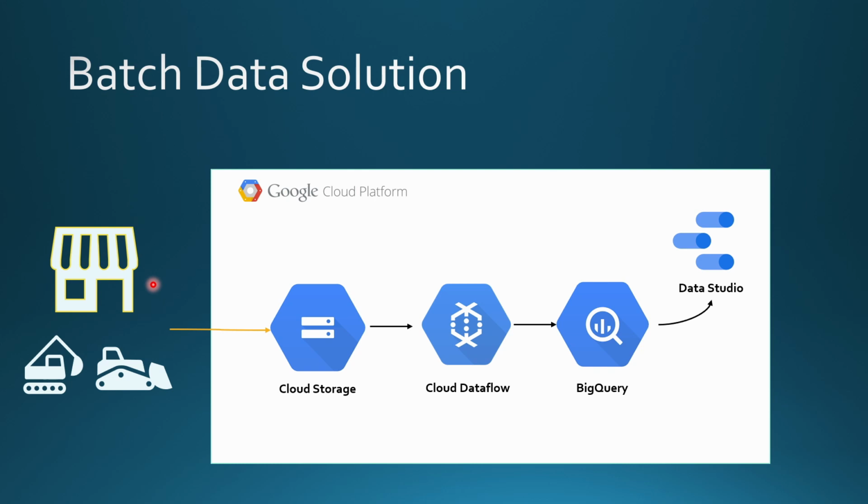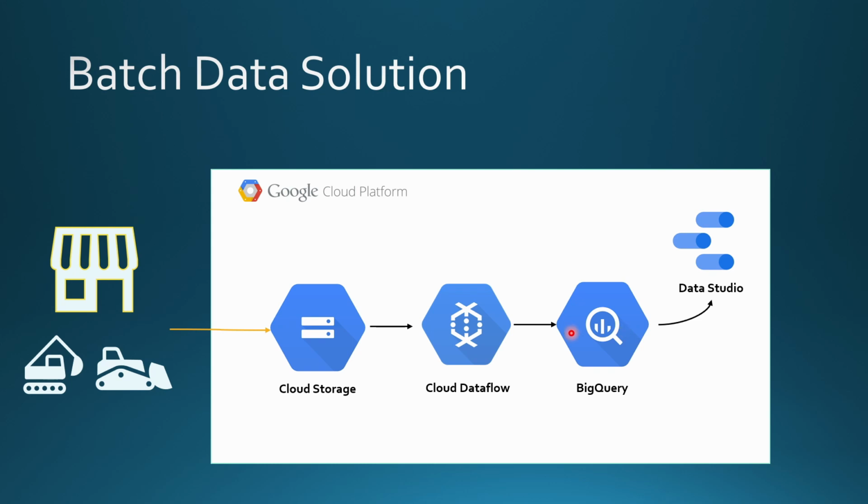Now, as we have seen about the 20 million vehicles, they are currently sending the data over FTP. What we would recommend is to put the data into cloud storage as a staging area, or they can also dump it to BigQuery, but it's better to stage it in cloud storage, because if they have any ETL, then Cloud Dataflow would pick it up from cloud storage, do the ETL and finally put it into BigQuery.